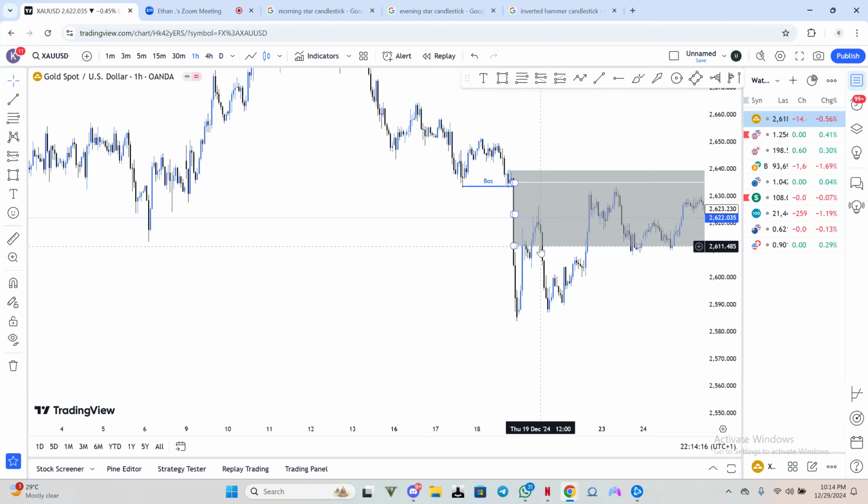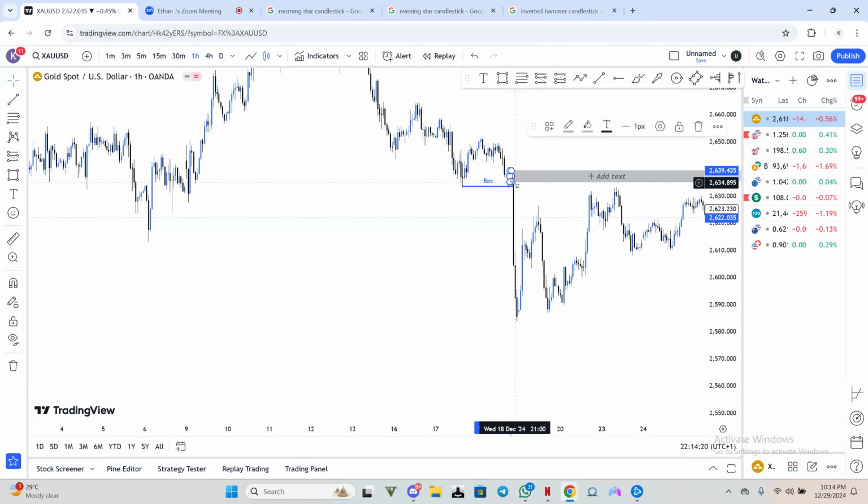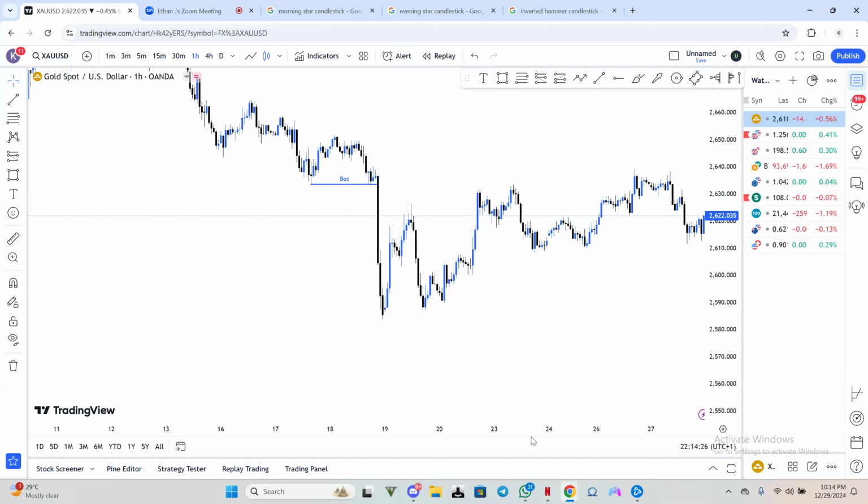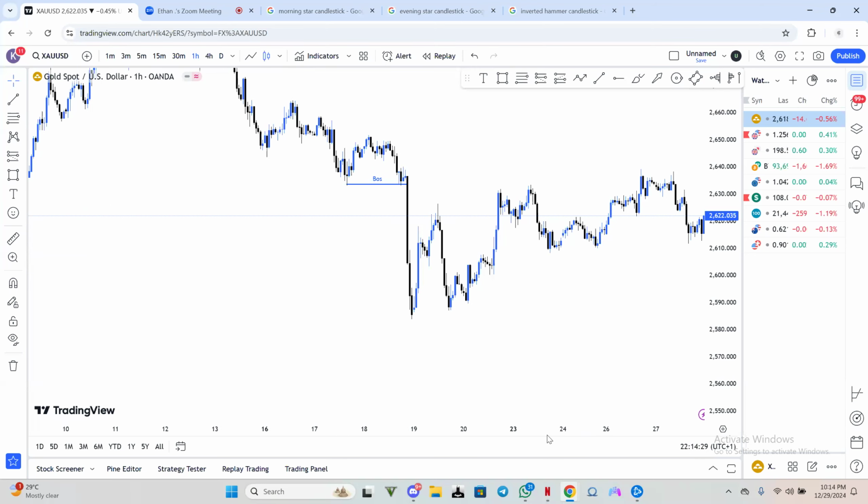Yeah, very good. So if your daily time frame is bearish, your 4 hour is bearish, and your 1 hour is bullish, don't forget, it's your 1 hour I say you use to mark out your analysis. It's that 1 hour you want to look for analysis and for entry.